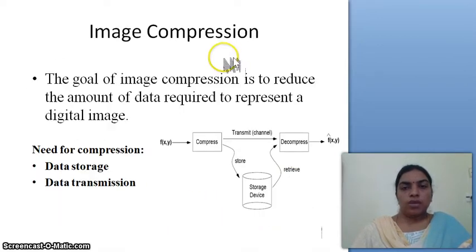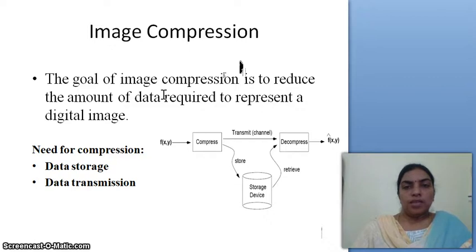So what is image compression? Image compression means to reduce the amount of data required to represent a digital image. Of course, you know that an image is represented in matrix form.